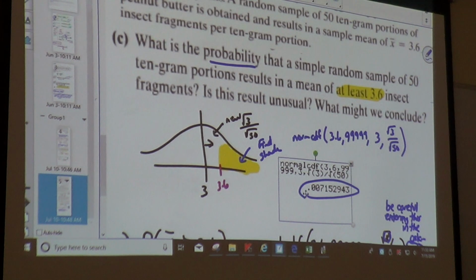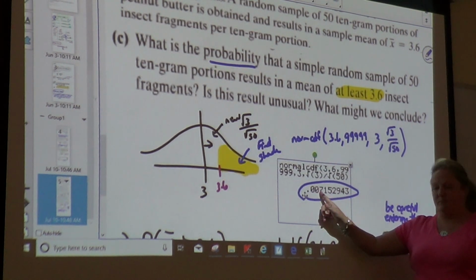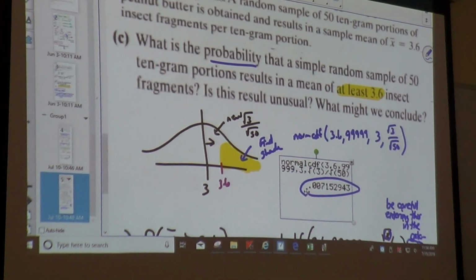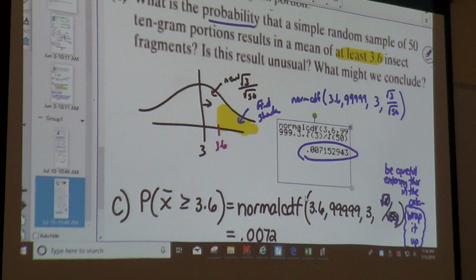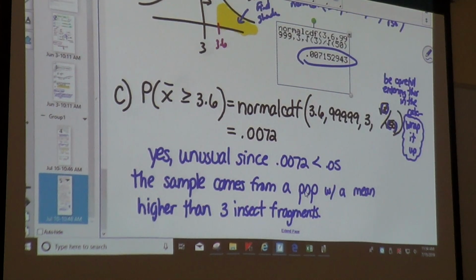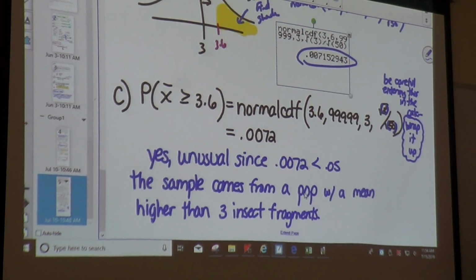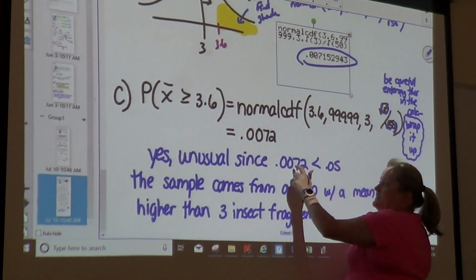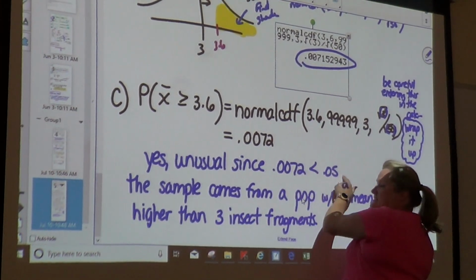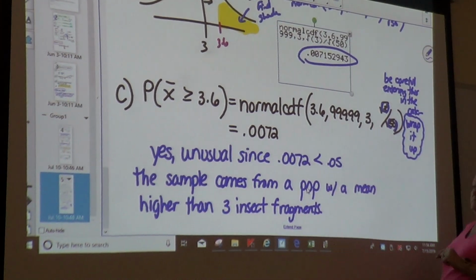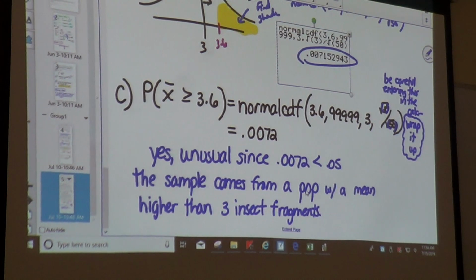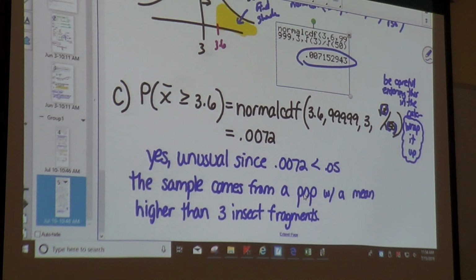So the probability that you're going to have that happen is 0.7%. It is unusual because it is less than 0.05, because 0.7% is less than 5%. Good?